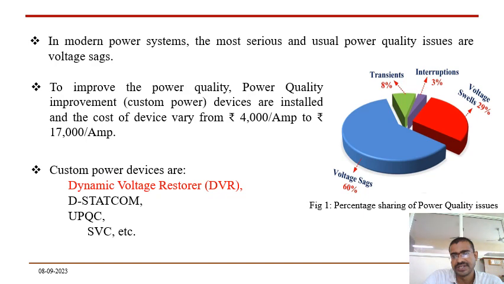Voltage swell is 29%, voltage transients is 8%, and voltage interruptions is nearly 3%. So the major and most serious power quality issues are voltage sags. To improve this, custom power devices are installed. Some of the most common custom power devices used to compensate voltage sags are the dynamic voltage restorer, DSTATCOM, UPQC, SVC, etc.